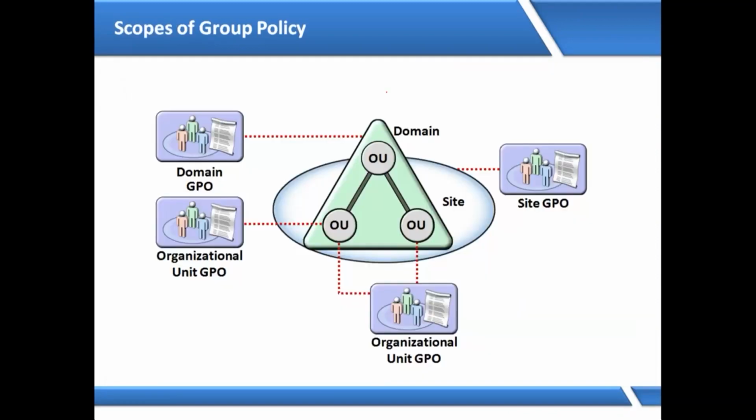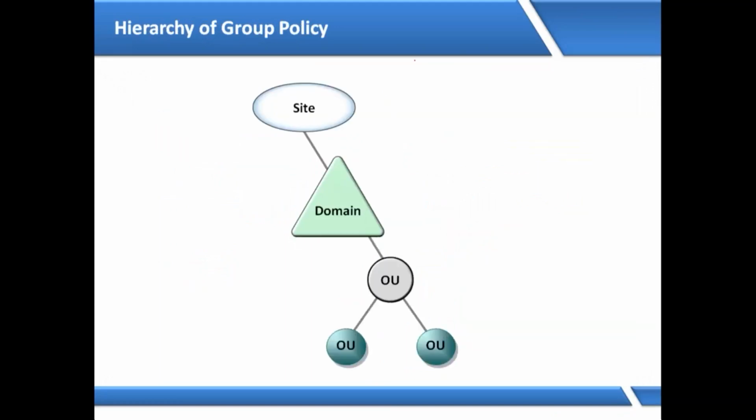If you want to apply this group policy, can we apply it wherever we want? No. For that we have to follow some rules and protocol. That is called the hierarchy of the group policy. Please remember these group policies cannot be applied wherever we want. Group policies can be applied on three things.